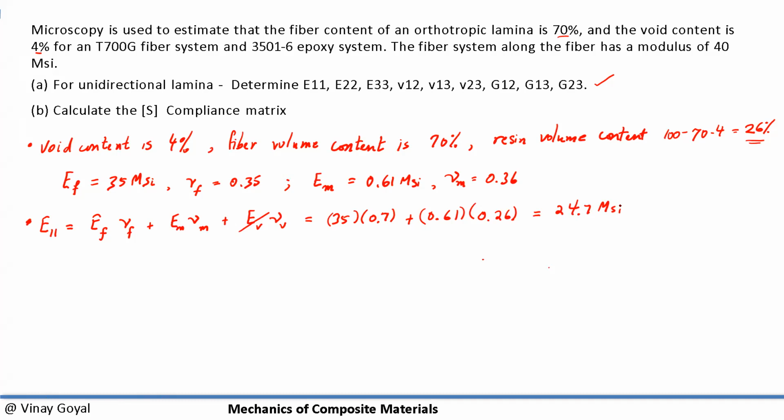And then likewise, I can then calculate what E22 could be. And to determine E22, we can just use the formulas that we already previously discussed in a previous lecture.